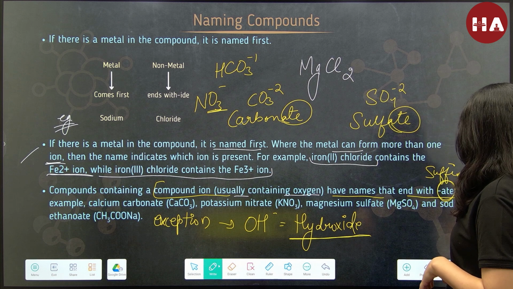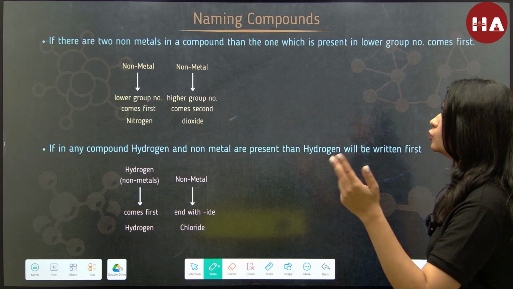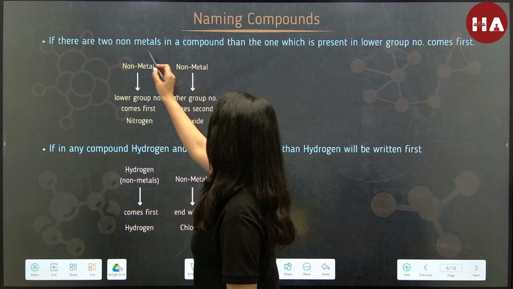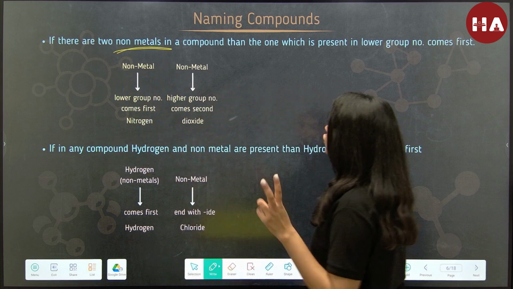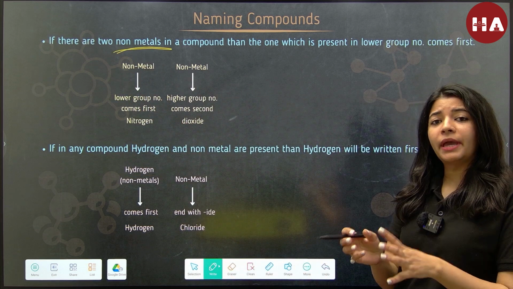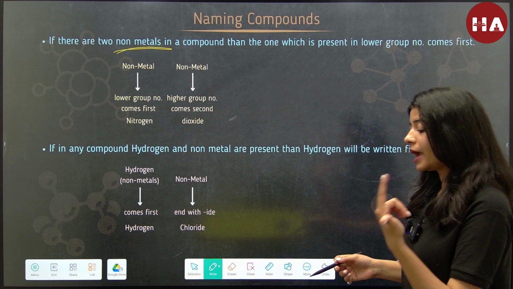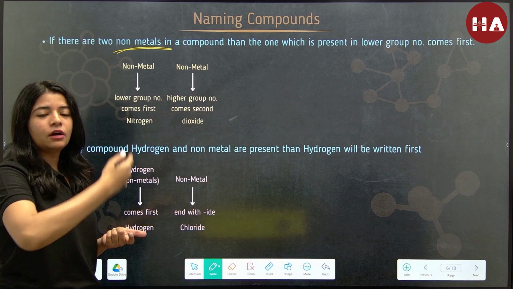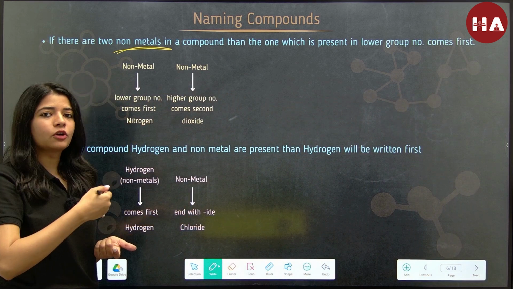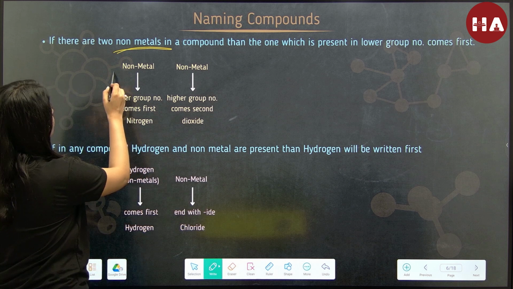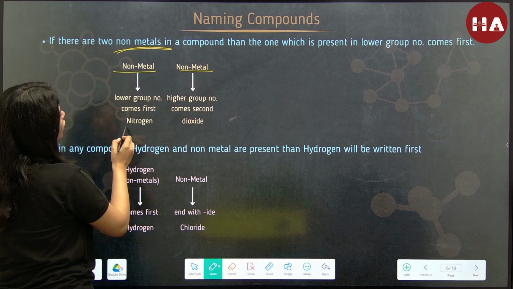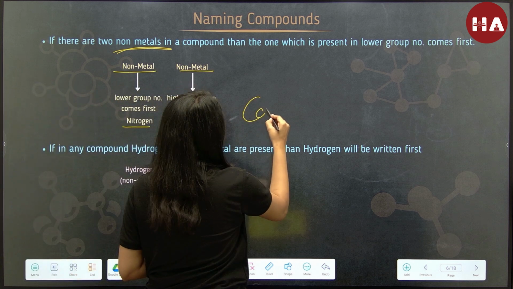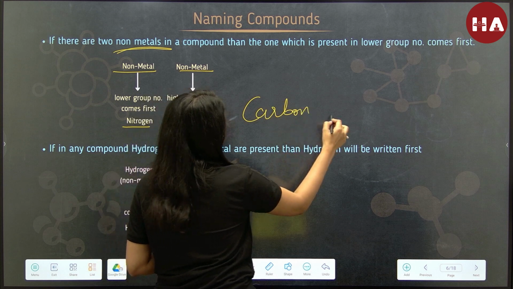Now next, two more rules, then we'll move forward. If there are two non-metals, then we will write the name of the non-metal which occurs in earlier groups first. For example, you have two non-metals, nitrogen dioxide or maybe carbon dioxide.